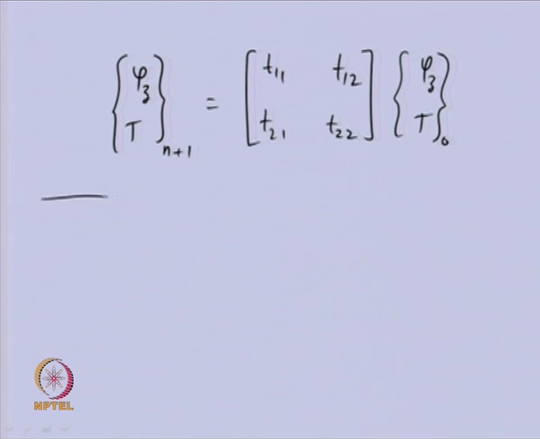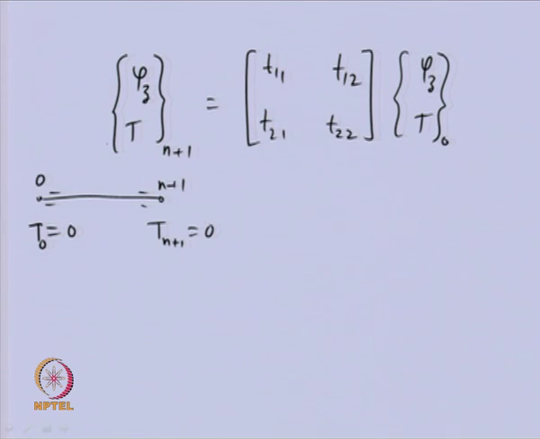Now, for the free boundary condition, let us say this is 0 station, this is n plus 1 station. Because free, the torque at 0 station will be 0, and at n plus 1 station also it will be 0. So, this is the boundary condition of the free rotor system.